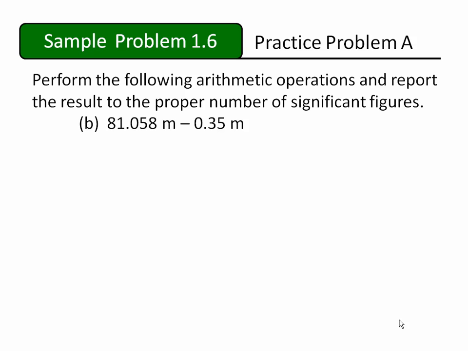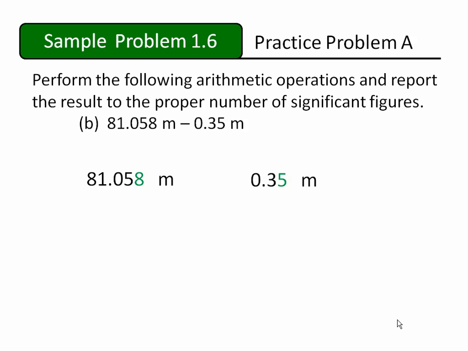Exercise B asks us to carry out the subtraction 81.058 meters minus 0.35 meters. Can you tell right now which value has uncertainty at the highest decimal place? The value 81.058 meters has uncertainty in the thousandths place.